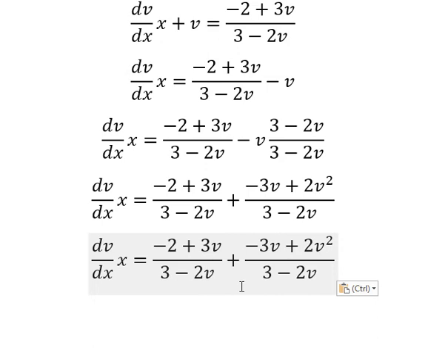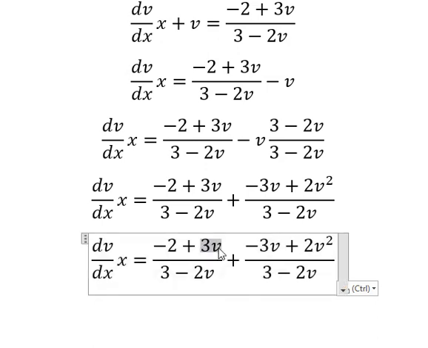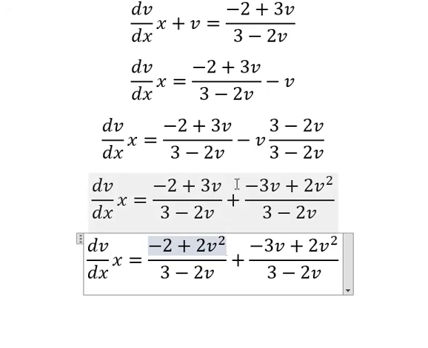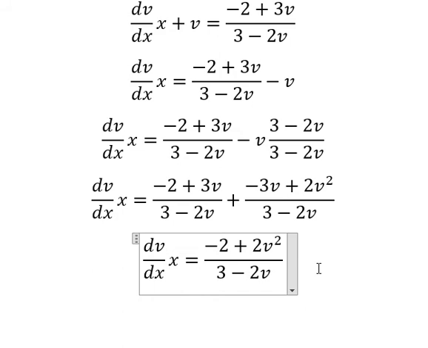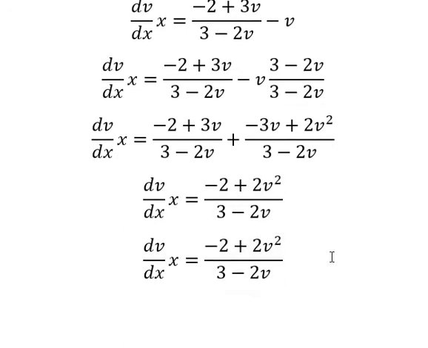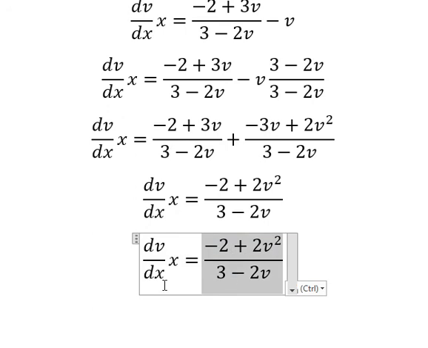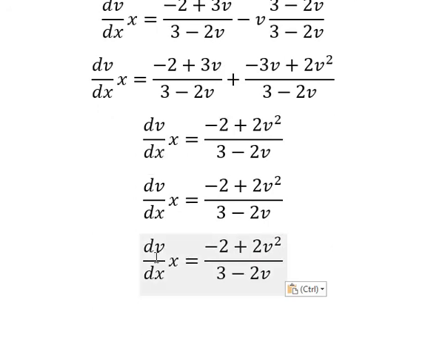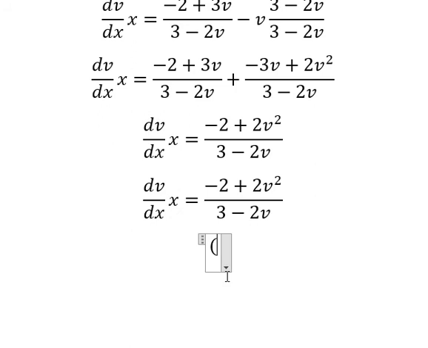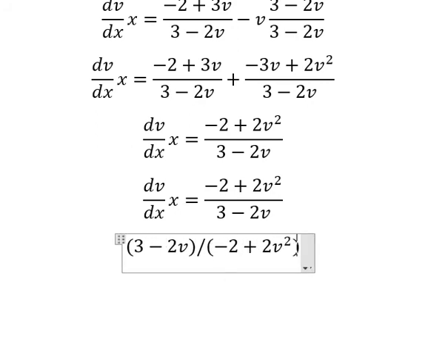Through the fraction, we sum together, so we have plus 2v squared in here, because 3v minus 3v will cancel. So the x and x will go to the right, this one will go to the left. So we will have 3 minus 2v over negative 2 plus 2v squared.